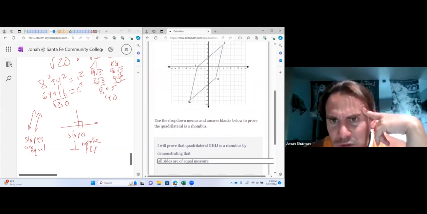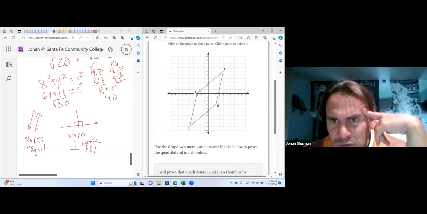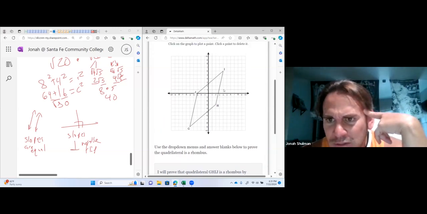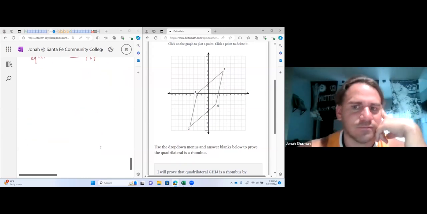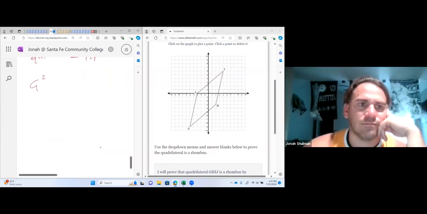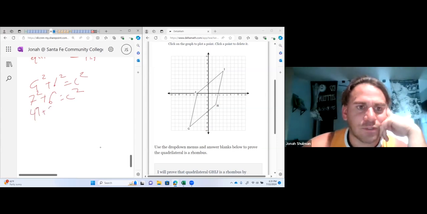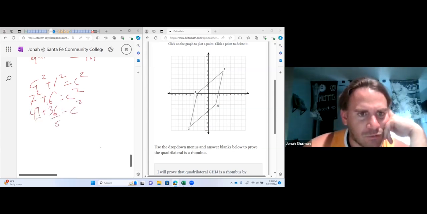So this is, let's do the easy one. So this is -3 to 4, so that's 7. And this is 1, 2, 3, 7, and 6. This is why the Pythagorean theorem is so important. You can use it for everything. This is 49 plus 36. 9 and 6 is 15, carry the 1.